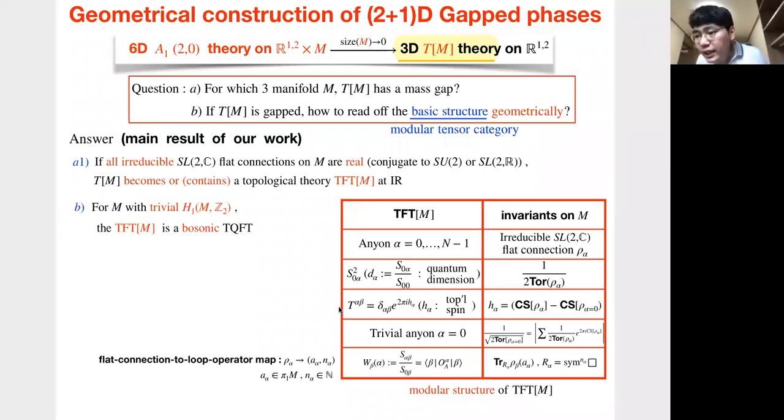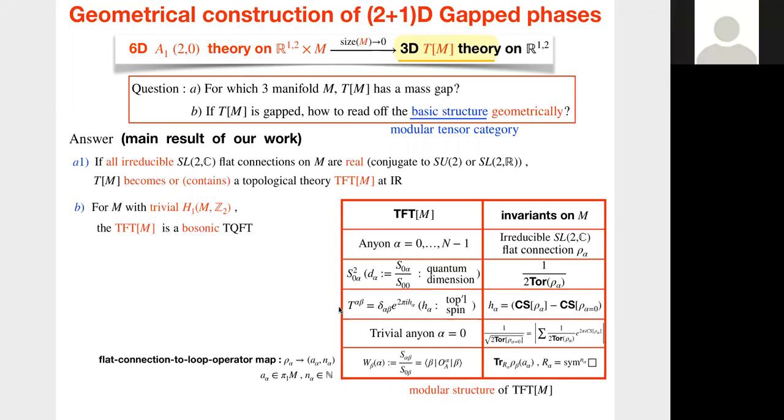Sorry? So is there any two-dimensional minimal model to realize such kind of anion? Yeah, if there is a 3D topological theory, at the boundary there lives a chiral CFT. So if we have the topological space, then we can also associate the chiral rational CFT, and the modular structure of the S and T matrix of the rational CFT is the same as the modular structure of the topological space.